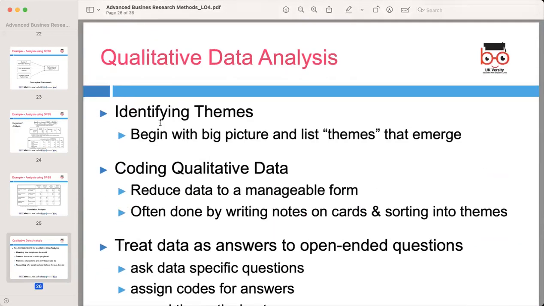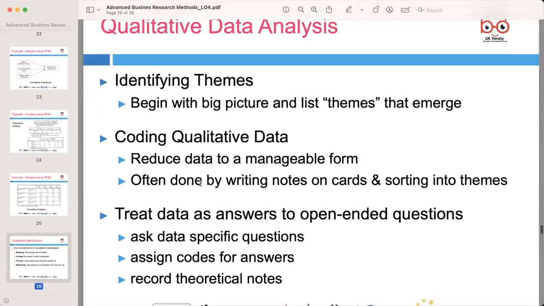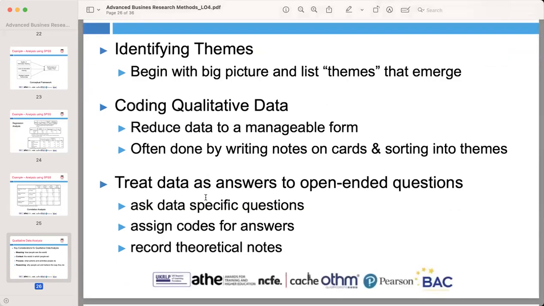So for qualitative data: identifying themes, coding qualitative data, treat data as answers to open-ended questions. When identifying themes, begin with the big picture and list themes that emerge.